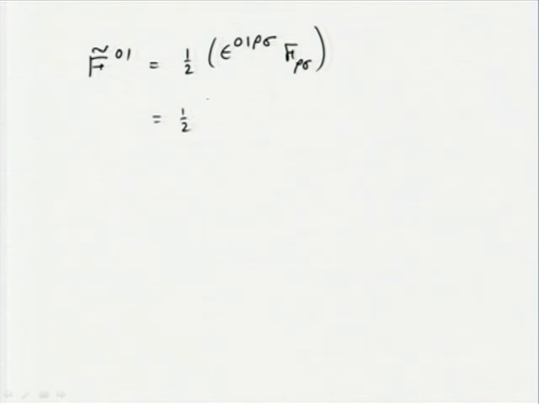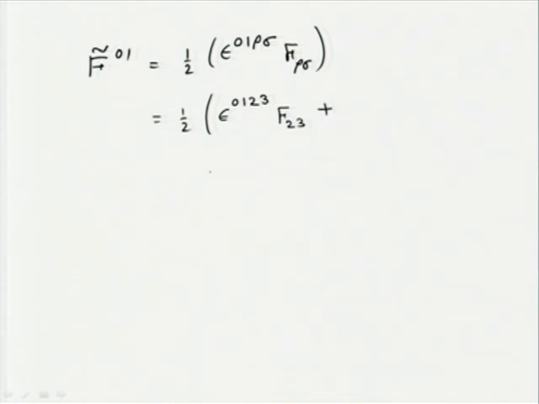Since epsilon already has fixed two of the indices, 0 and 1, rho and sigma can take only the rest of the indices, which are 2 or 3. When I set rho equal to 2, sigma can take only one value, which is 3, because we cannot repeat the indices. Add this to other possibilities; that is what summation over rho and sigma means.